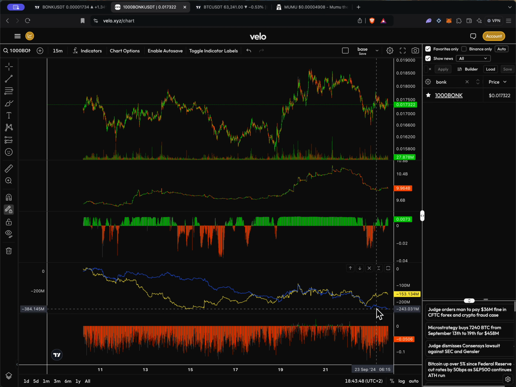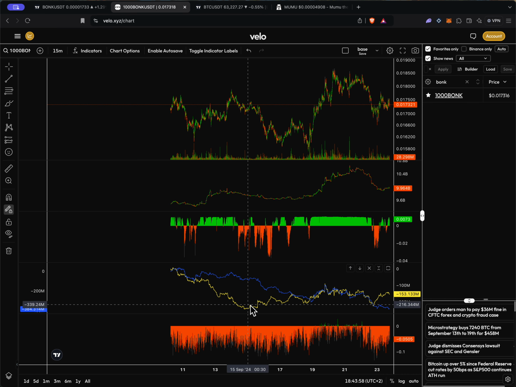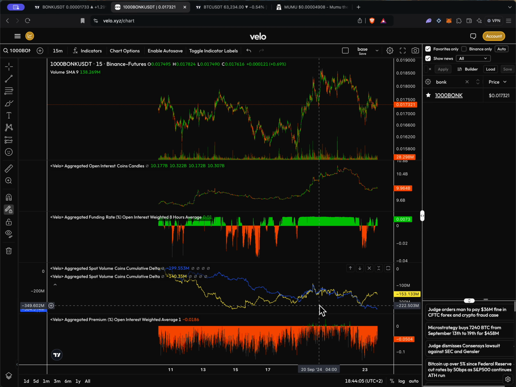So institutions are selling, are offloading Bonk completely, and the only ones that sometimes are buying are retail investors. So I don't like this because this means playing against institutions, and I personally don't like to play against institutions because they are stronger and smarter than us, and their profits are our losses.